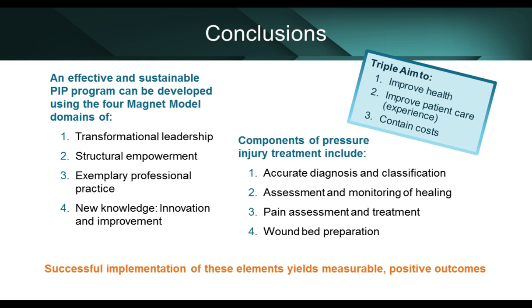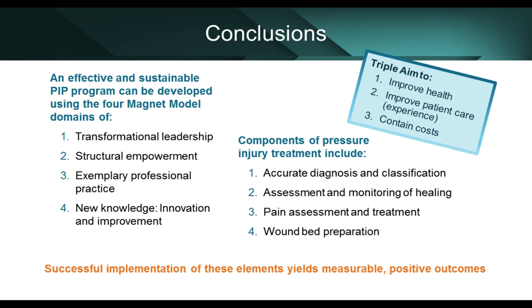So, in conclusion, an effective and sustainable pressure injury prevention program can be developed, and I recommend using the 4 magnet model domains of transformational leadership, structural empowerment, exemplary professional practice, new knowledge, innovation, and improvement. If you do this, successful implementation of these elements will yield measurable, positive, and I dare to say sustainable positive outcomes.